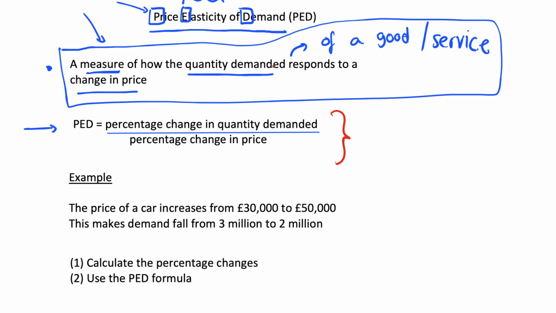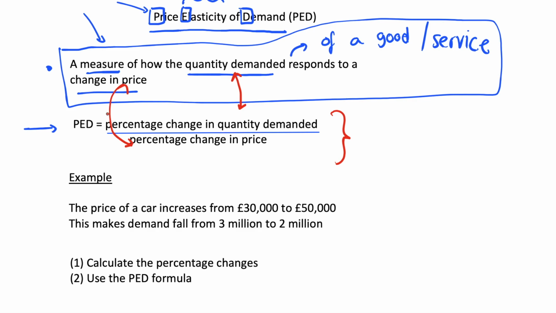So we can see that our definition really ties in to this equation: we're looking at how quantity demanded responds to a change in price. If we know our definition, we should know our equation, and vice versa.